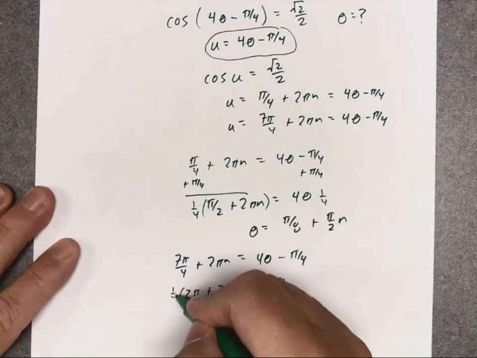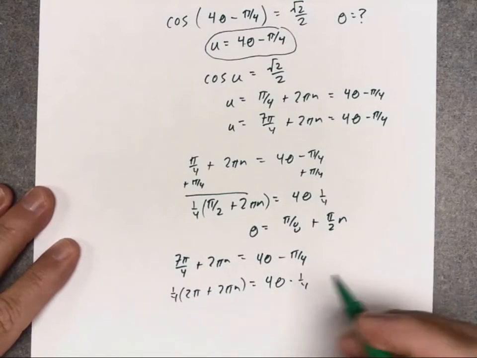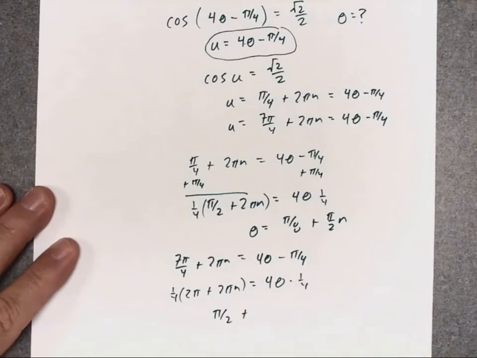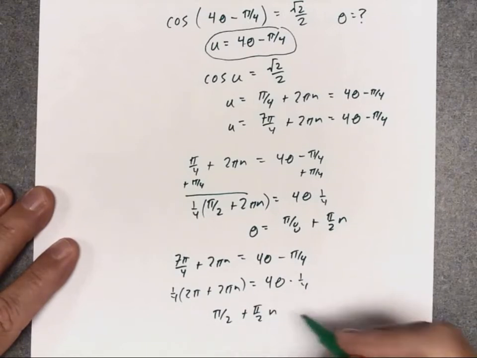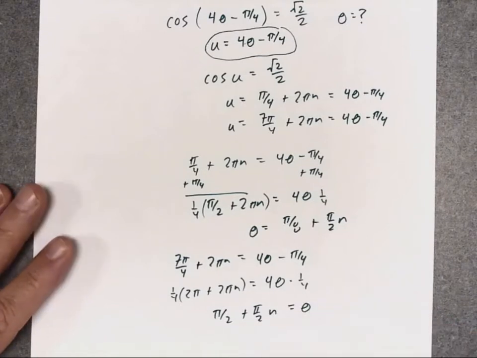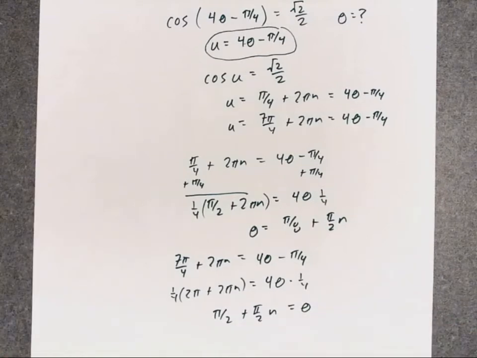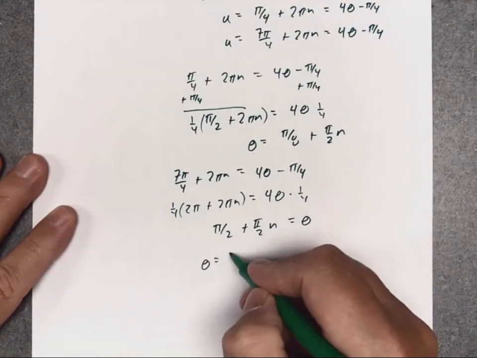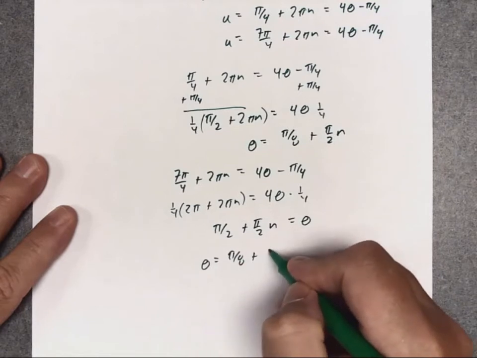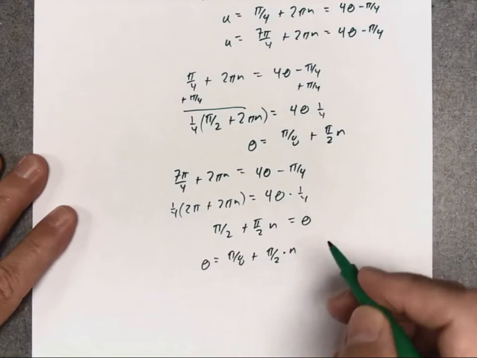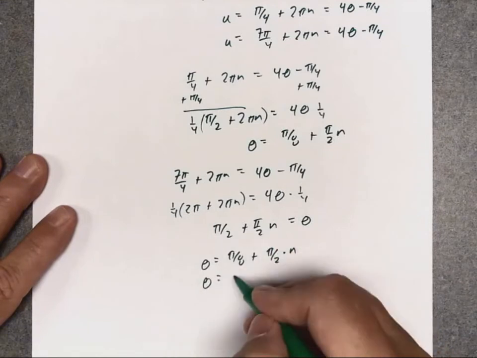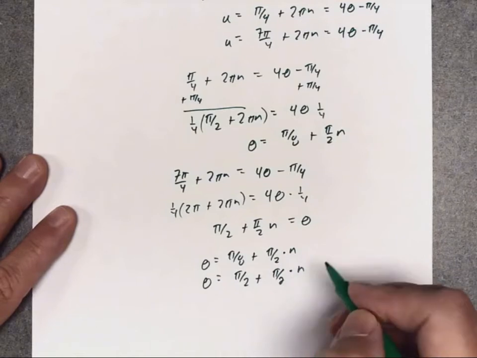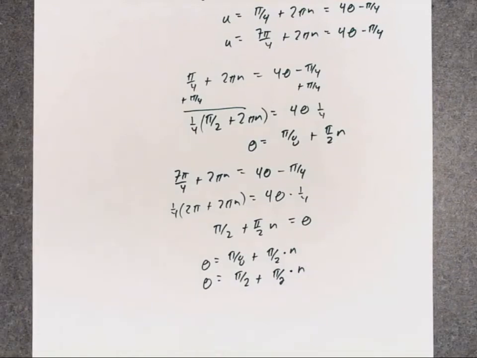Now if I multiply both sides by 1/4, I get pi over 2 plus pi over 2 n equals theta. So my two general solutions, just to make this nice and neat, are pi over 8 plus pi over 2 times n, and the second one is pi over 2 plus pi over 2 times n.